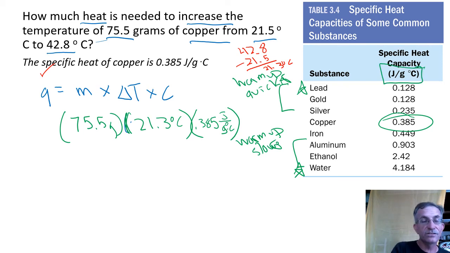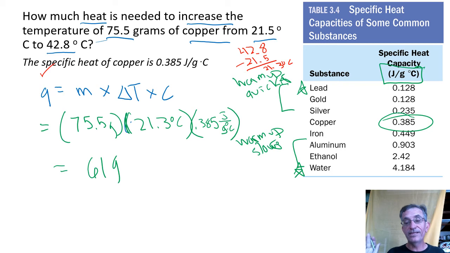All right, at this point, we're in pretty good shape. All I'm going to need to do is multiply these numbers together. So if I do 75.5 grams times 21.3 times 0.385, the amount of energy it would take, if you work it out, should give you 619.